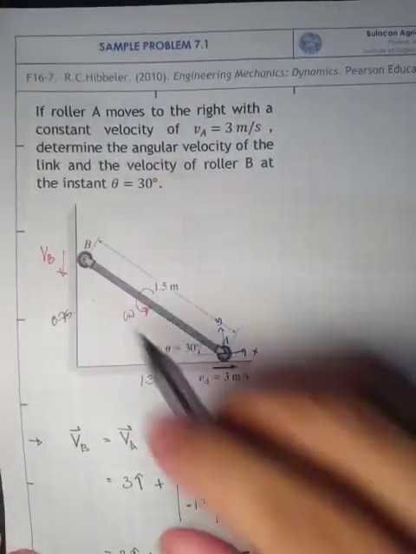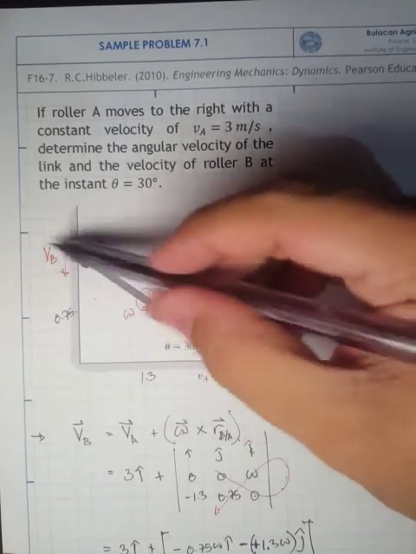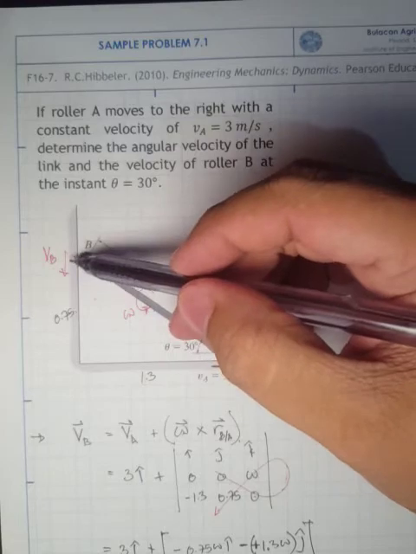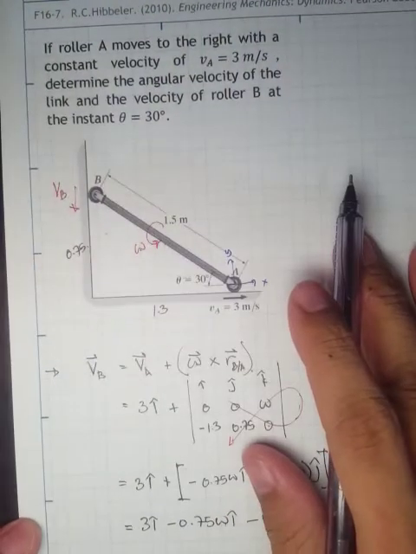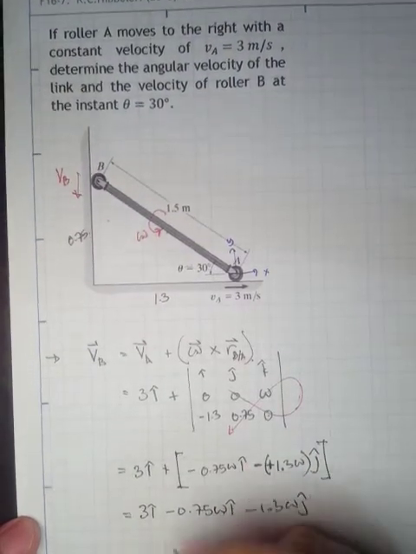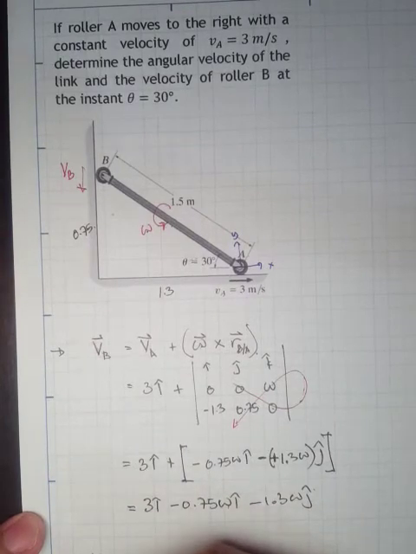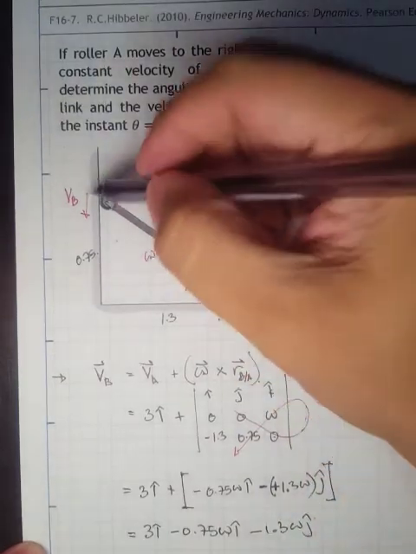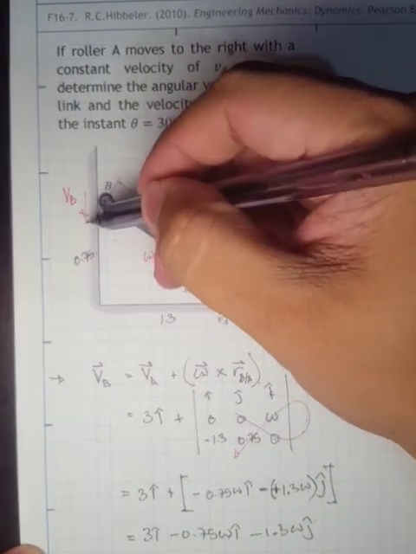We notice that the v sub b we have is also a vector, but in terms of vector components, we can write v sub b equal to negative vb along the j direction, because it's downward, so it's negative vb.